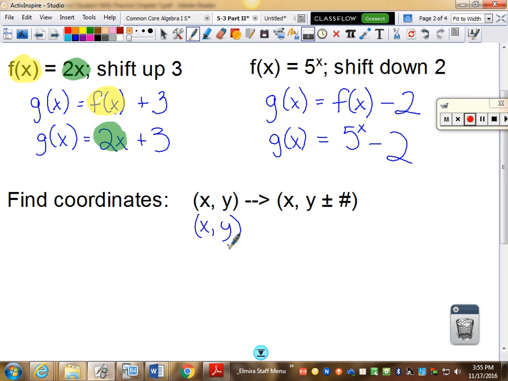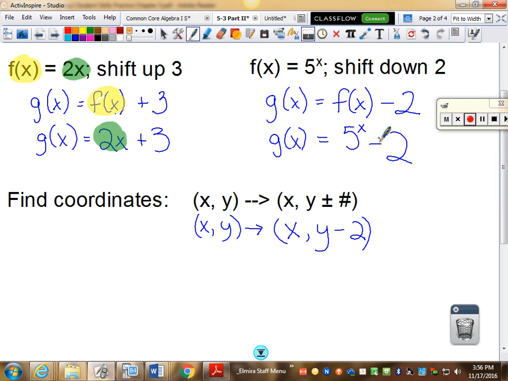My original x, y represents a set of coordinates from f of x. Arrow means maps onto. In a vertical shift, the x values stay the same, but the y value changes, and it went down by 2, which matches what the g of x does.